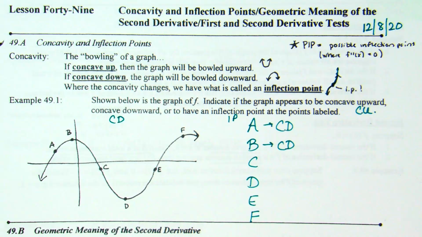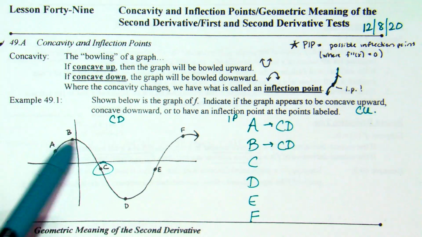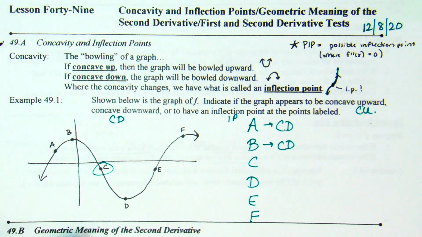Okay, you see C being an inflection point? We've got this parabola above it that's concave down, and at C, that's approximately the point where we change what we're doing. So C is an inflection point. What about D then? That's a parabola opening upward, and so that is concave up.